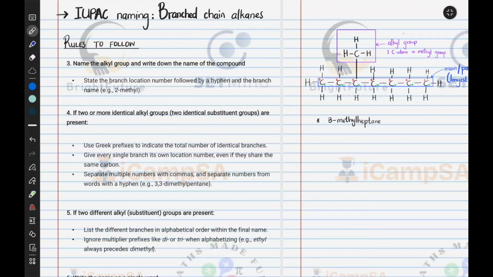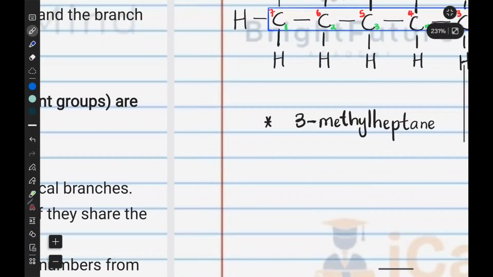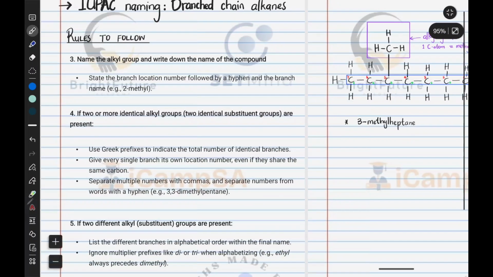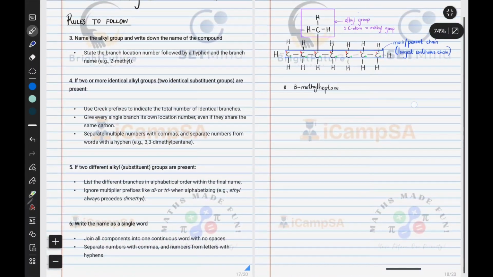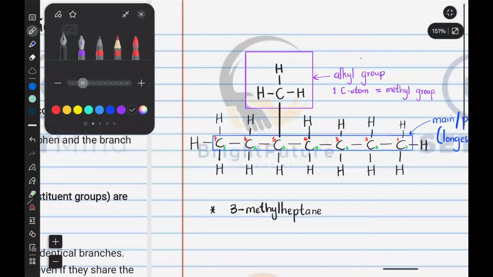I repeat again, with numbers to numbers, you use commas, like when I said 3, 3. Whereas with numbers to letters, you separate those using a dash, like the one that you are seeing here. Okay, so that's what this compound will come out to be. So that's our example 1.